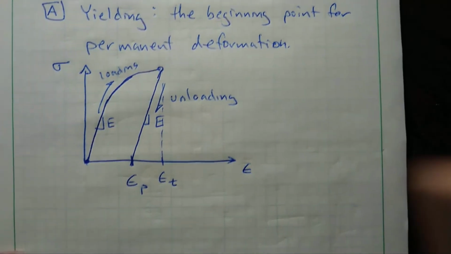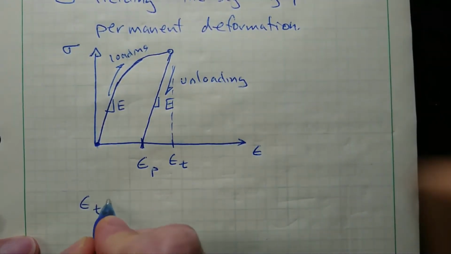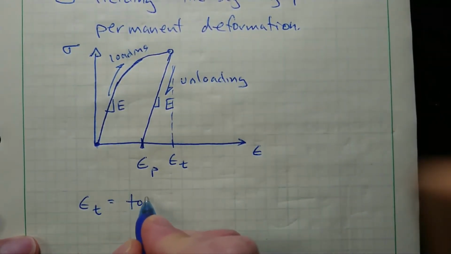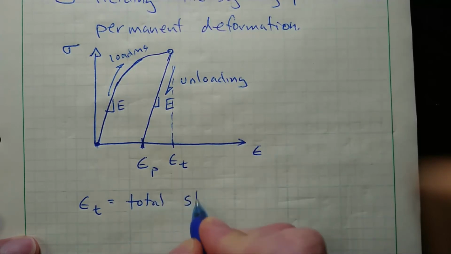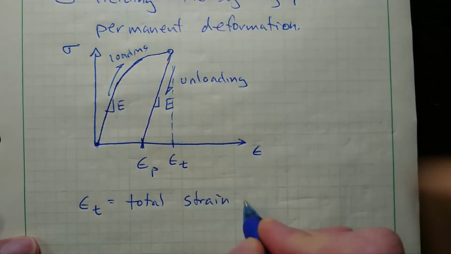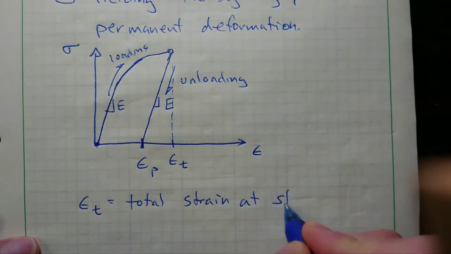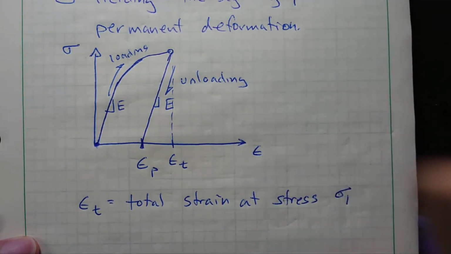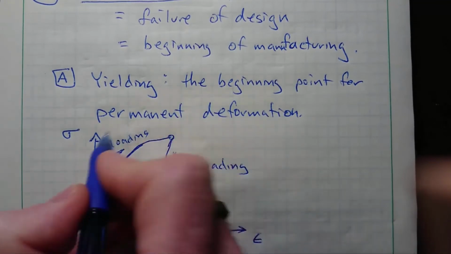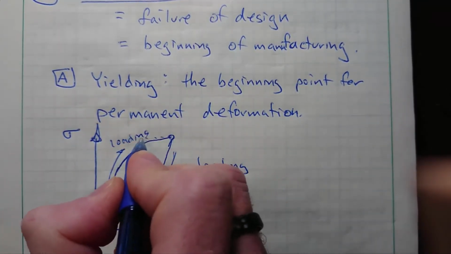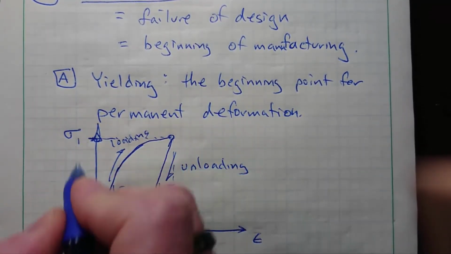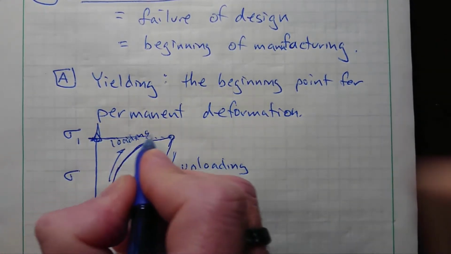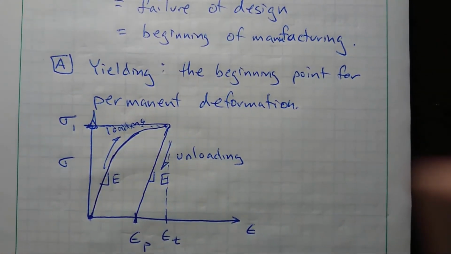So here in this picture, epsilon T is the total strain at stress, let's call that sigma 1. So I'm going to label this sigma 1 as that corresponding stress.